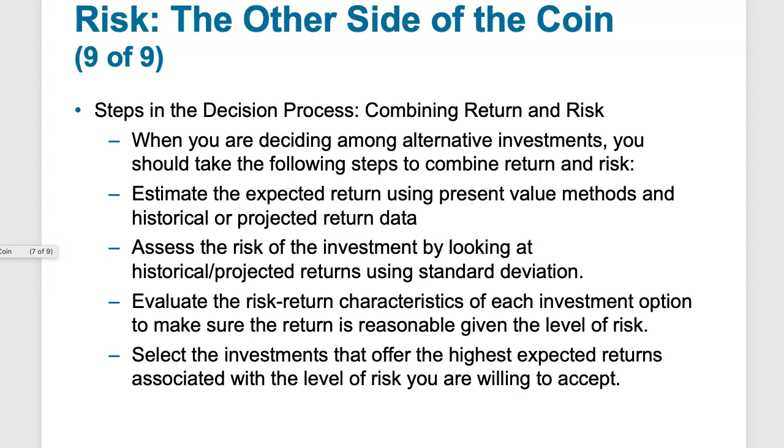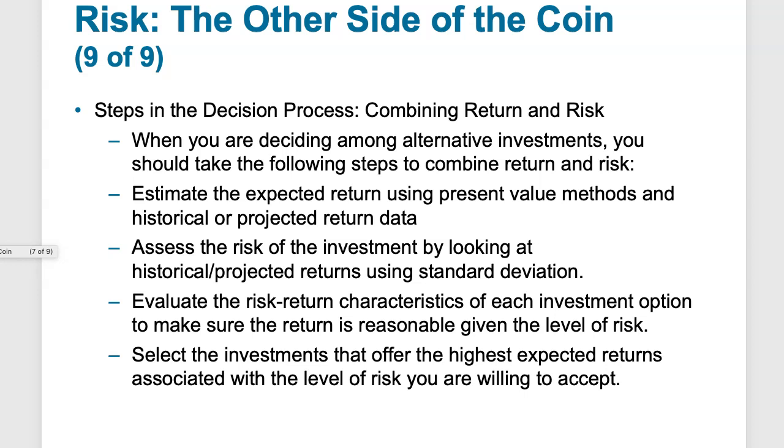And then, as best you can, assess the risks of the investment, looking at historical statistics, mostly standard deviation, to better categorize the dispersion of returns. How tight is it? A higher standard deviation has a bigger dispersion of returns, and a lower standard deviation has a tighter dispersion of returns.